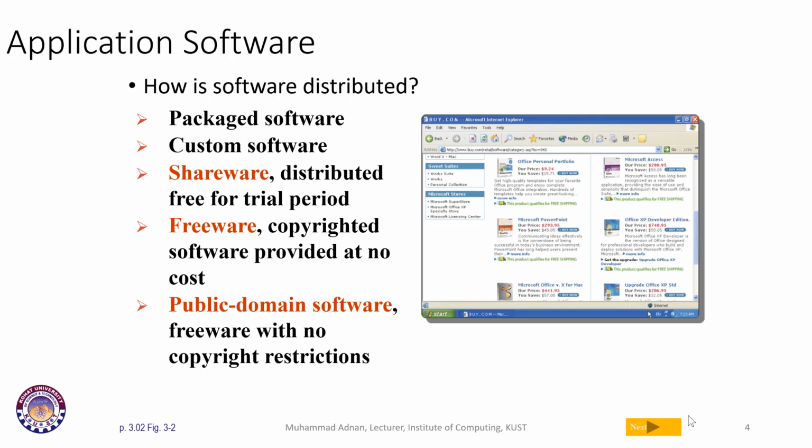So you can buy different types of application software online. This is an example of different application software that you can buy online, and you can then download them, install them.